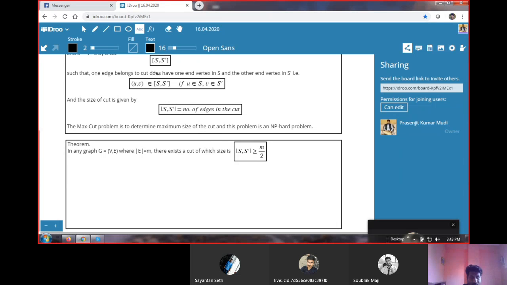This is the theorem, and let's prove it using the probabilistic method.